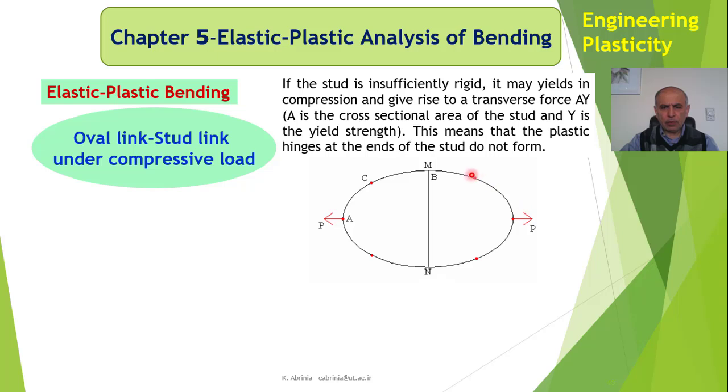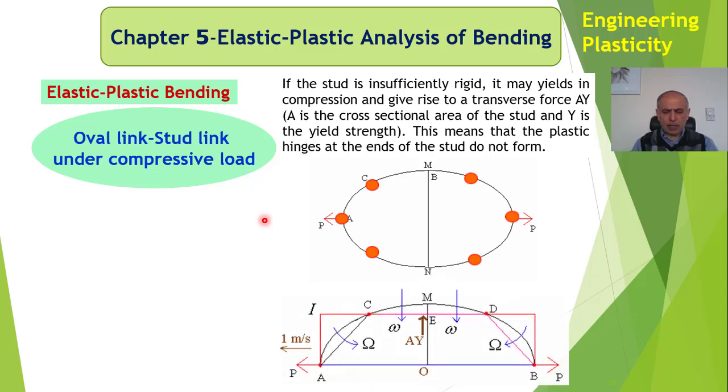So that's one link, that's 2, that's 3, that's 4, that's 5, that's 6. So here we have 6 links. Before we had 8 links. So we are going to solve the problem for this example, and these are the plastic hinges.